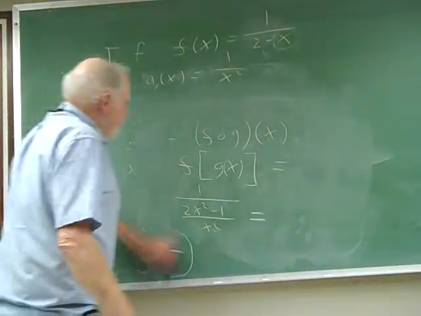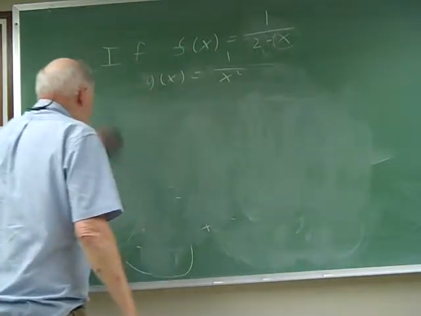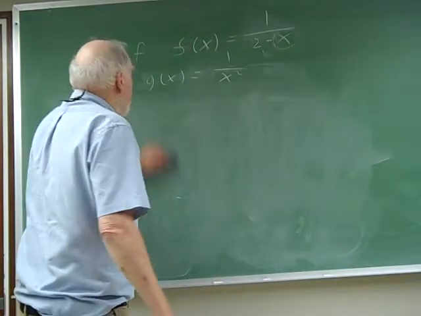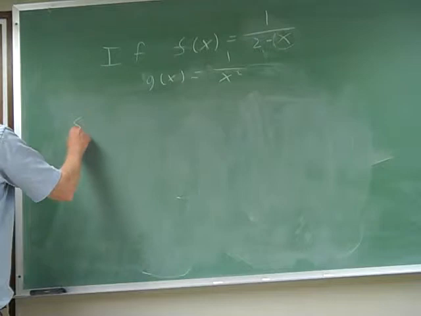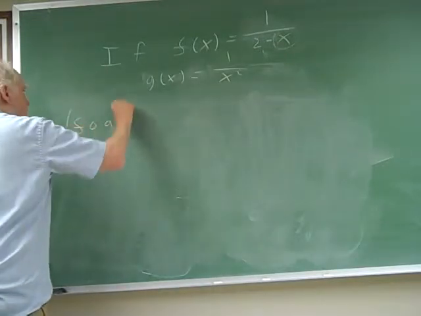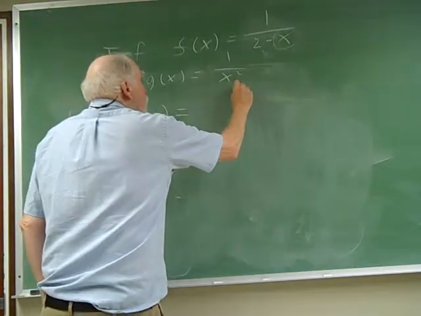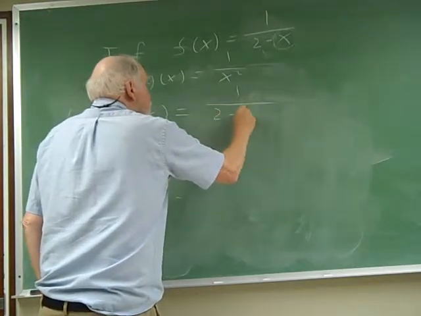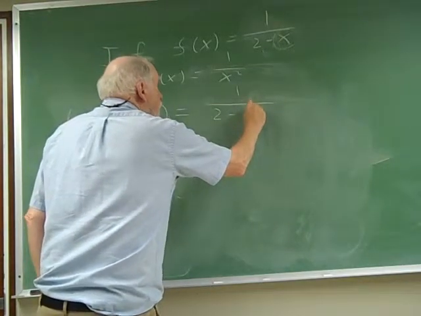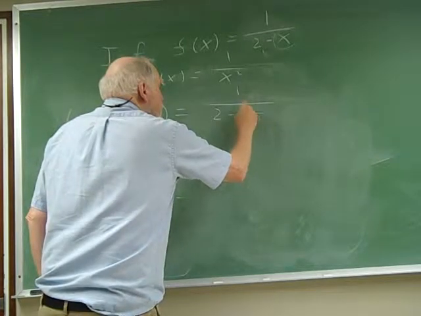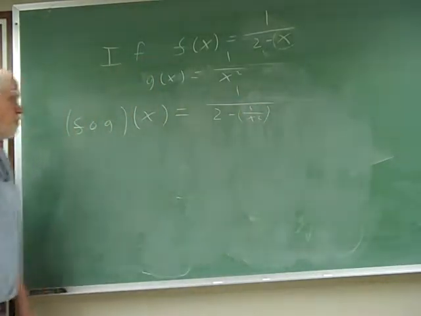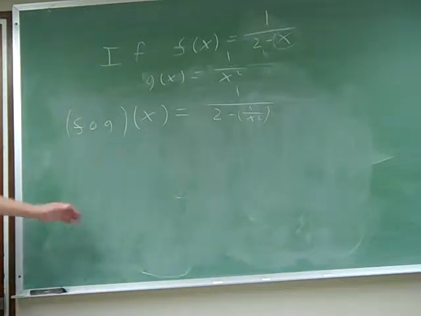But I'm going to erase all this. You could stop it and copy it down beforehand. I need the room here. So I'm really going to look at f of g of x as 1 over 2 minus 1 over x squared. In other words, I'm going to look at it at this point, not when I actually end up simplifying.